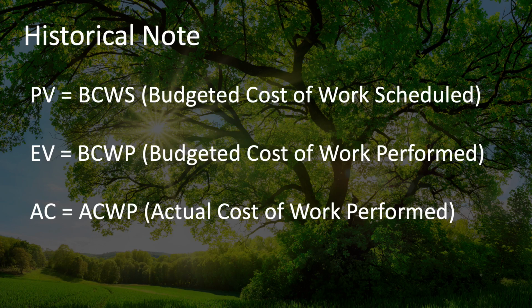Now these longer variable names are still in use and found throughout the earned value management literature. Although they have the advantage of being more descriptive, I find that they make the formulas more confusing. And I can never seem to remember whether it's budgeted cost of work performed or budgeted cost of work completed or whatever. So I will use the newer, shorter variable names in these lessons, and so does PMI.